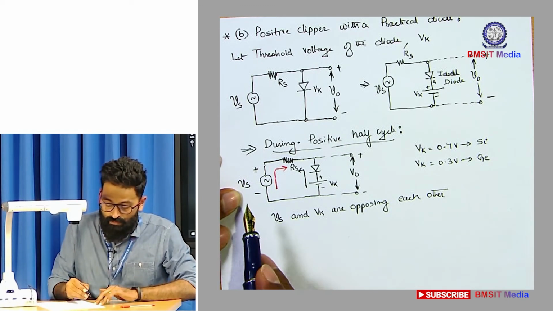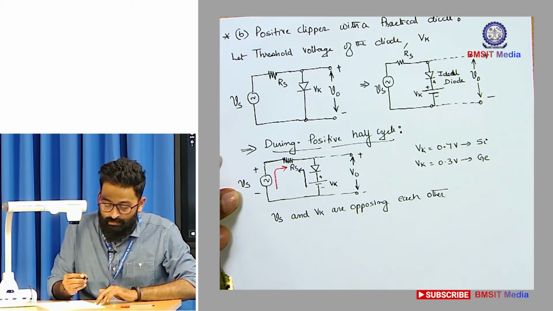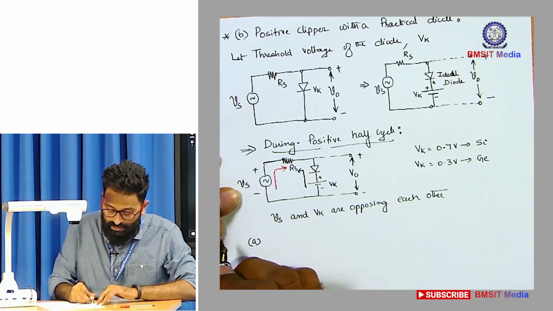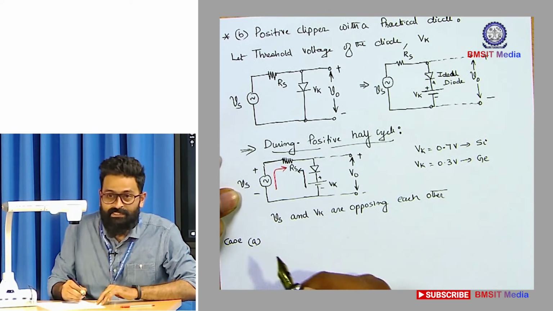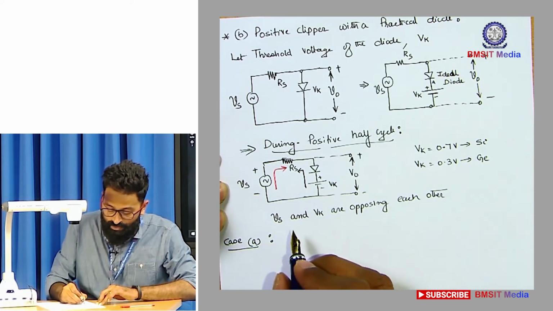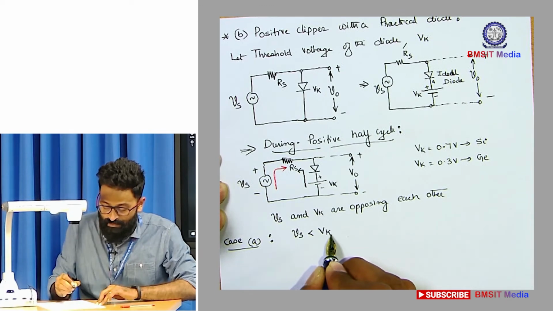So for the positive half cycle, let us split the analysis into two parts. We shall call them cases. Case A is during which Vs is less than Vk.